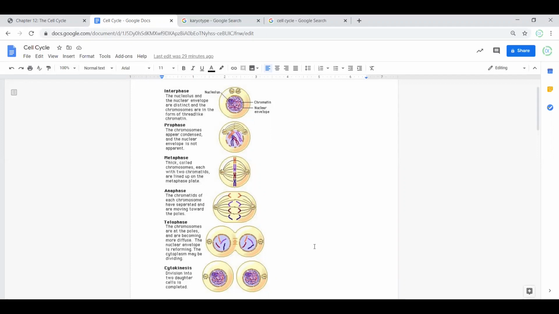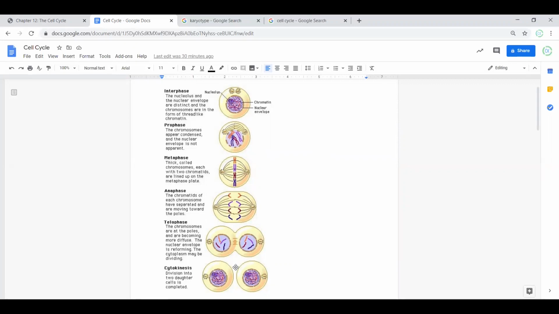So then the final stage of the entire cell cycle is cytokinesis. That's just when the cytoplasm splits evenly, because if the cytoplasm does not split evenly, you'll have one cell being larger than the other. And that is actually what occurs in the formation of female eggs.